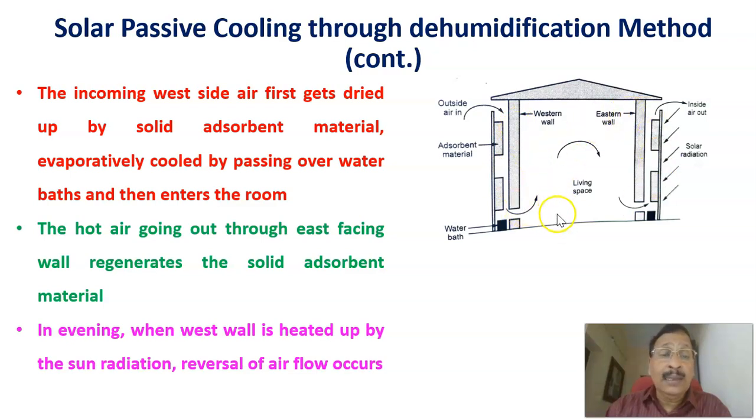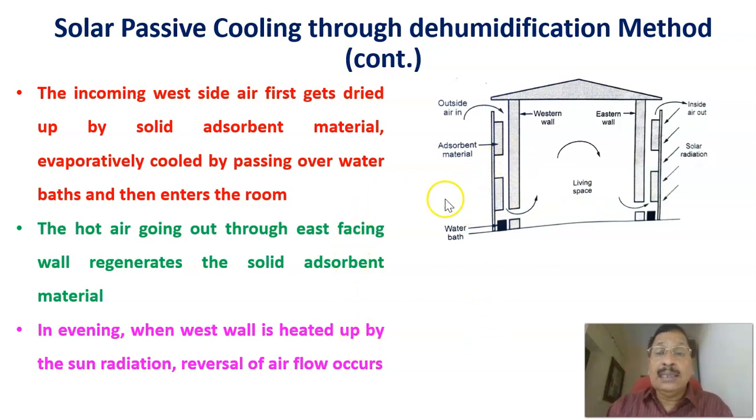This cycle continues during the morning time. In the evening, the reverse happens. The west side wall gets heated up by the sun's radiation, and a reversal of the airflow occurs.